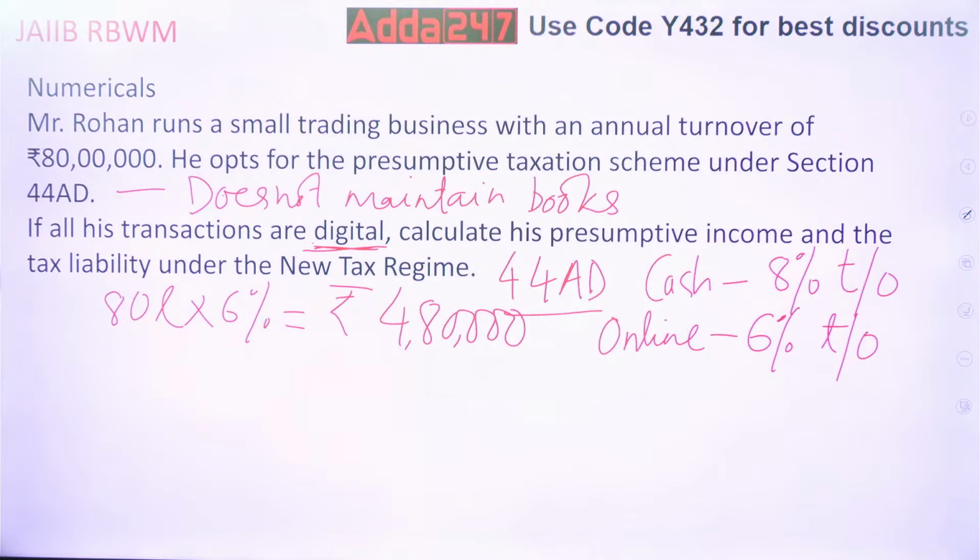Somebody has written 4,000 as a tax. What do you say? How much tax will I pay now? 4,80,000 is my profit, so how much tax will I pay?